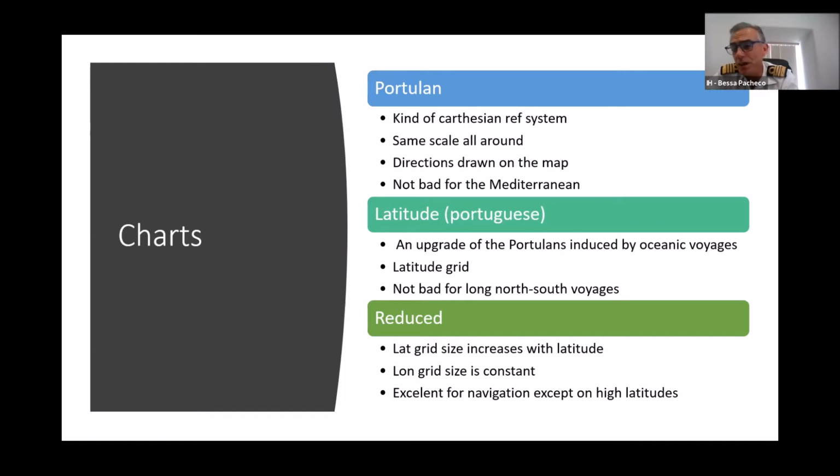It's the reduced chart that really solves all problems of matching the design algorithm with the tools and the way we prefer to do navigation. It's almost a match between the two, and so we use it still today. I produce them here at the office still today.